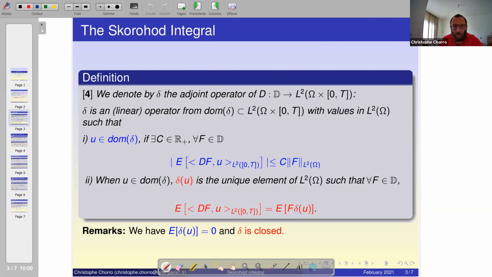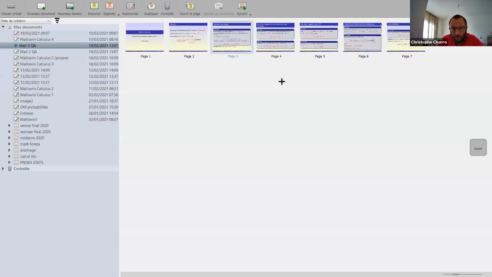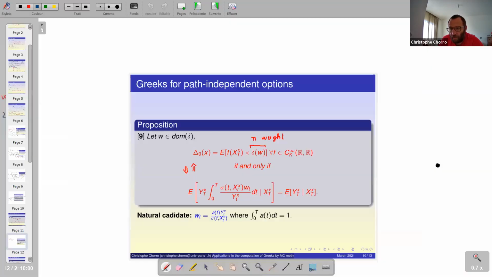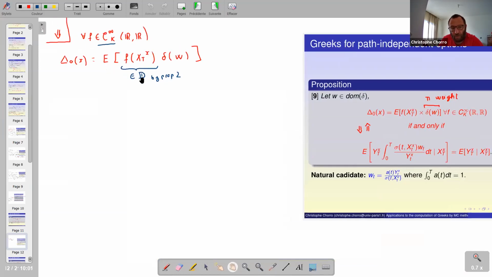So if I come back to my point, what I have here is exactly what I need. I have here the expectation of someone that is in the domain of the derivative operator multiplied by a squared integral.